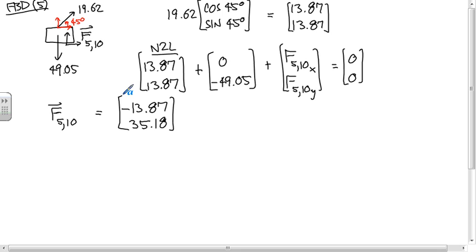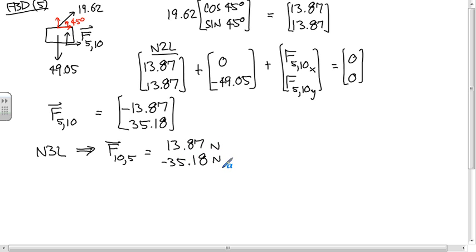But that's not what the question asked for, so now you have to use Newton's third law. And that tells us that the force on 10 by 5 is equal to positive 13.87, negative 35.18. These are Newtons.